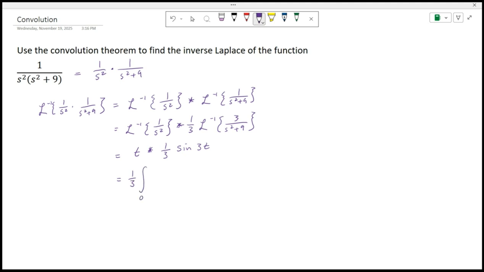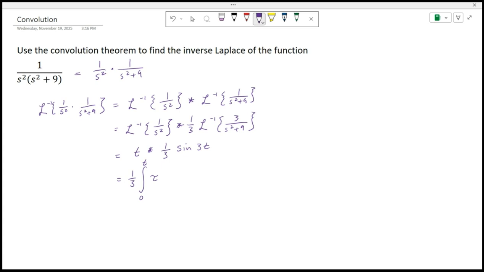And it's going to be the integral from 0 to t of tau. You might call that tau. According to the internet, it's pronounced toe.